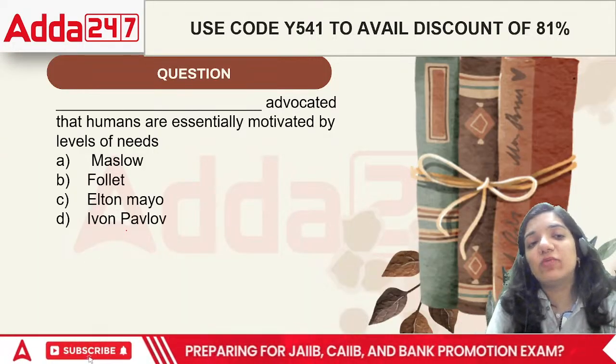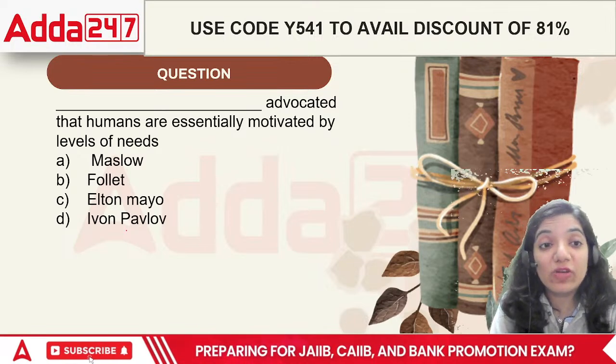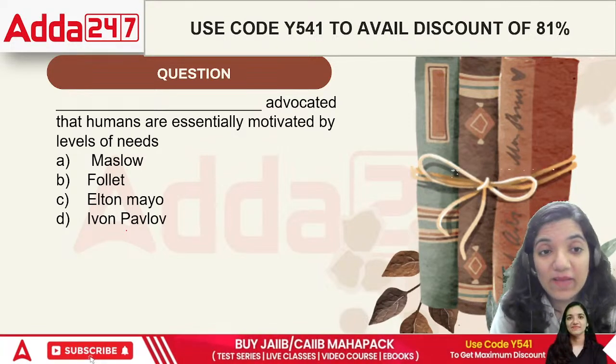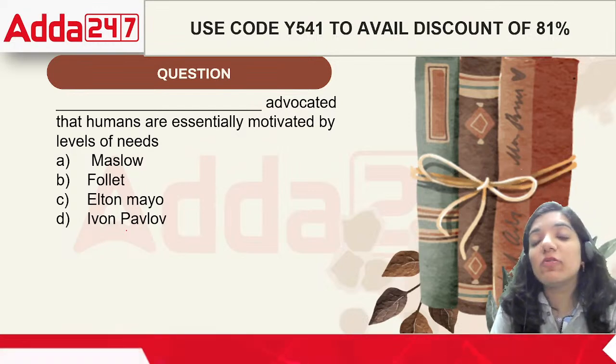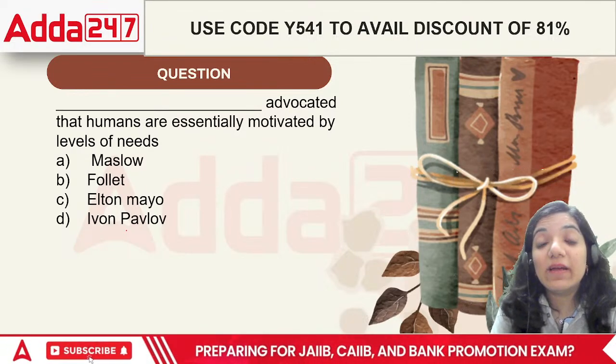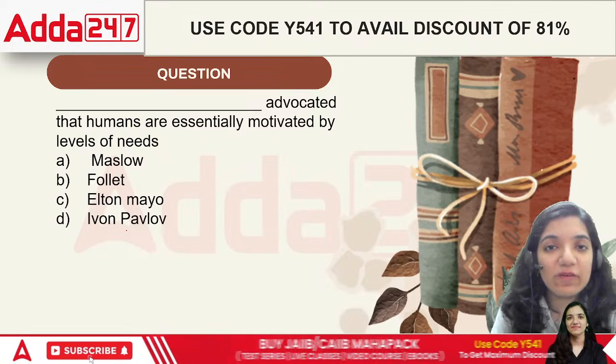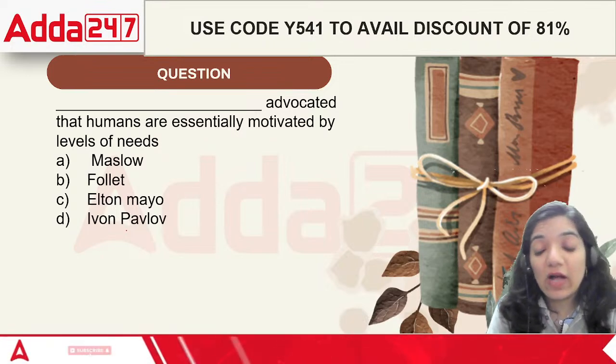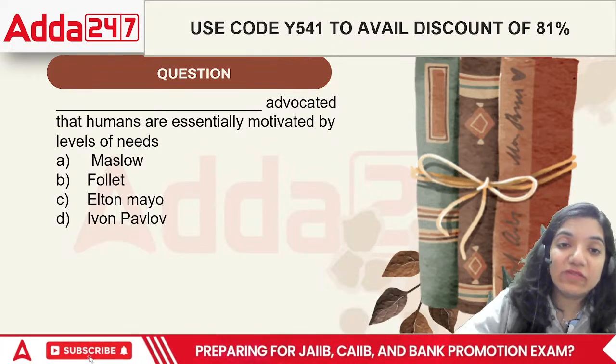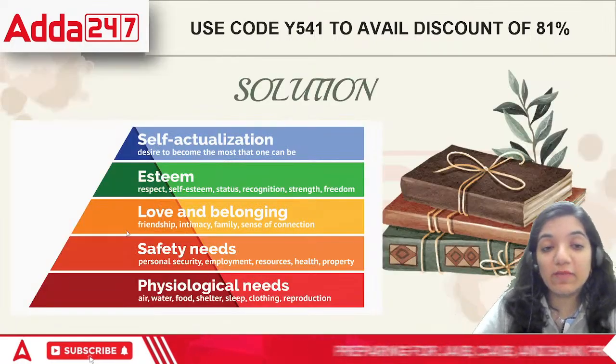Then: who advocated that humans are essentially motivated by levels of needs? Maslow, Follett, Elton Mayo, or Ivan Pavlov. If I talk about all these people, the point is there is something called need hierarchy theory of motivation. This theory was given by Abraham Maslow. According to him, whenever we have some kind of motivation, we do not get it blindly.